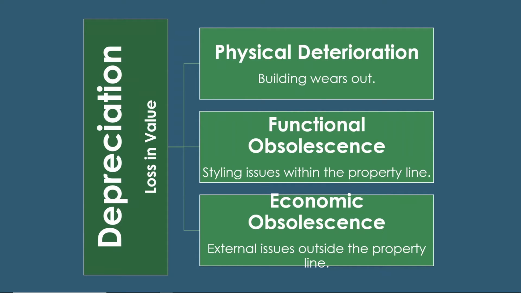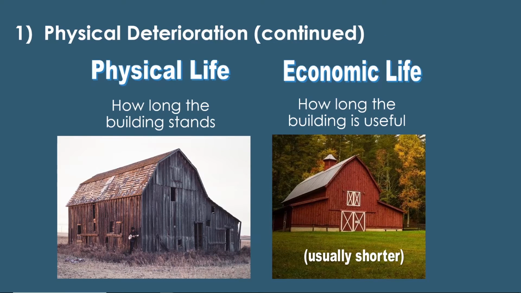And let's break them down a little bit more. Physical deterioration. So we have two things you need to look at. We have the physical life and the economic life. Well, the physical life is how long the building is actually standing. So it may be standing, but there's no use to it. The economic life is how long the building is useful. So for instance, could it be used? Could it derive income?